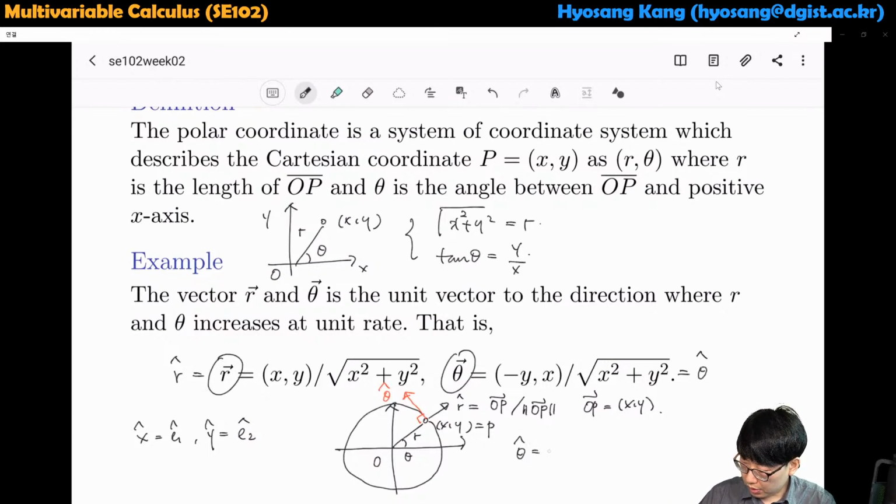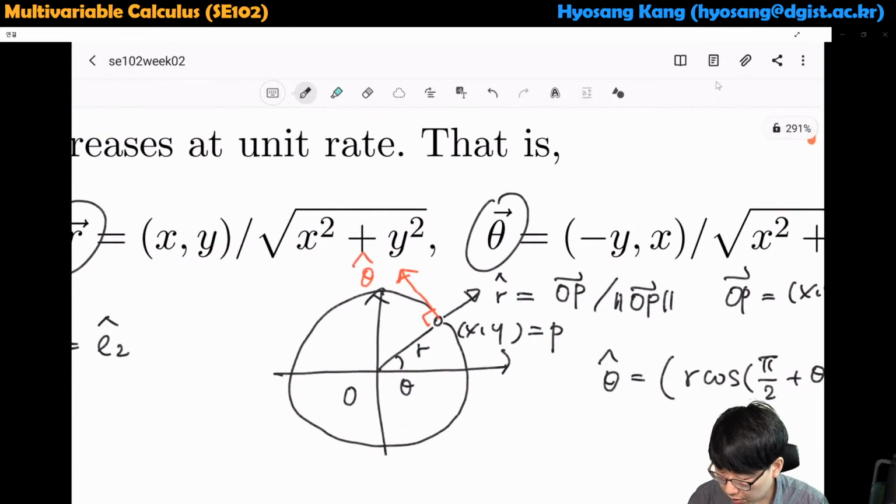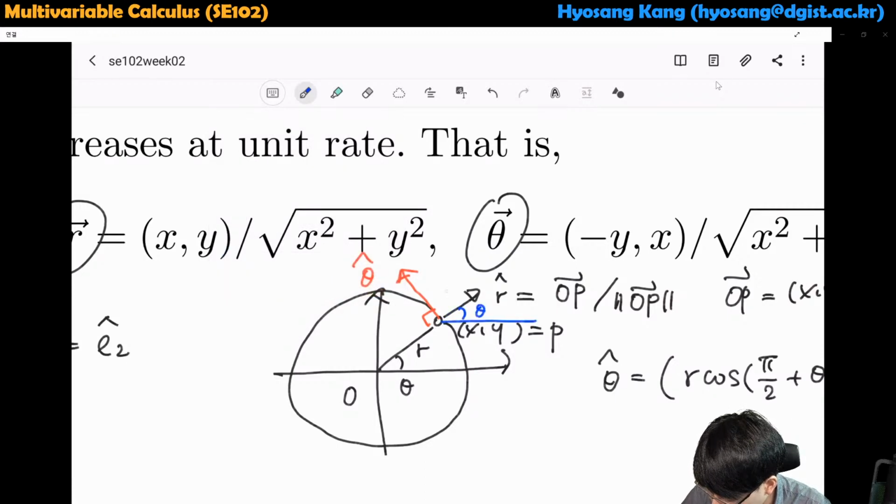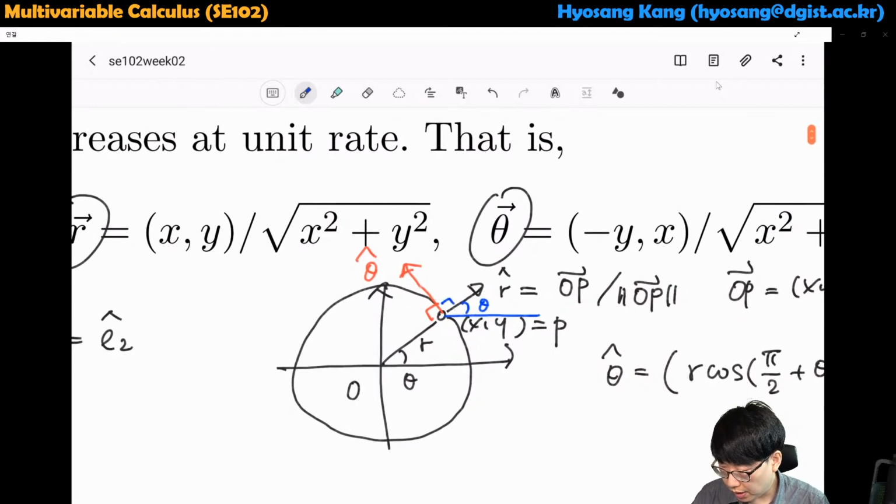So theta hat is the direction of r times cosine of 2 pi plus theta, r sine of 2 pi plus theta, because if you keep looking at this one, this is theta and I'm adding 2 pi again, right? So that's our new theta, which is the angle between the theta hat and the positive x direction.